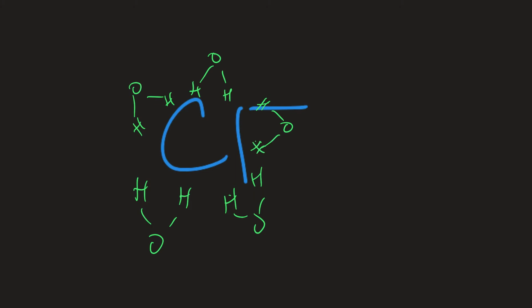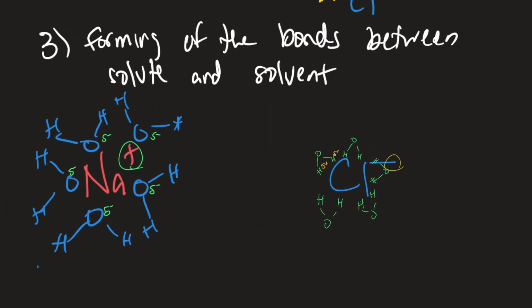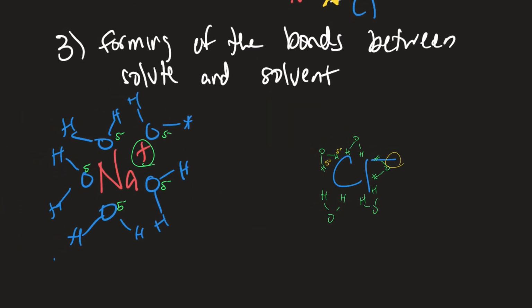Let me answer that question. Hydrogen is slightly positive. Chlorine is negative. And so due to this, there's this attraction. When you're forming these bonds, anytime you form bonds, it's an exothermic process. Energy is being released when this is taking place.